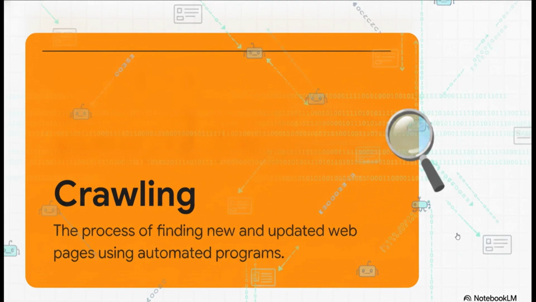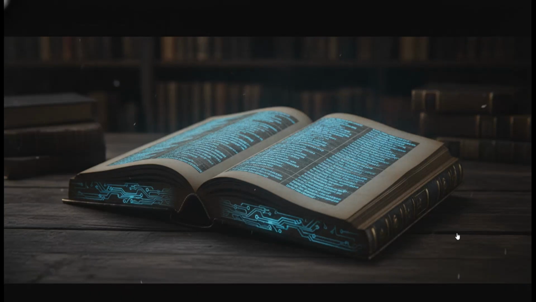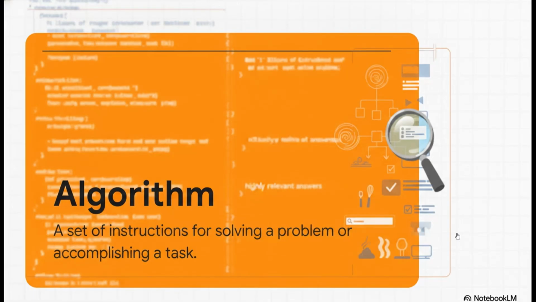First up, crawling. Imagine automated bots hopping from link to link, constantly discovering new and updated content. Next is indexing. Just like the back of a book, Google securely stores those crawled URLs to review later. Finally, serving. The algorithm works kind of like a recipe, sorting billions of pages to serve you relevant answers.